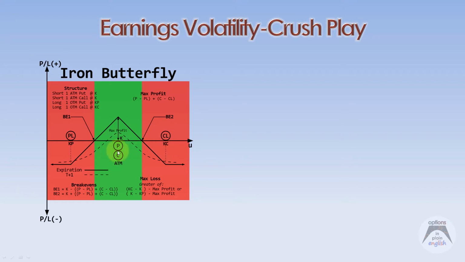So short put, short call, long put, long call, and that's the position. The green area is where you make money. So it's profitable when the move is less than the expected move, which is exactly what we want. And you start losing money up to the point where you have your wing, which is the protection for your trade on the upside and on the downside.